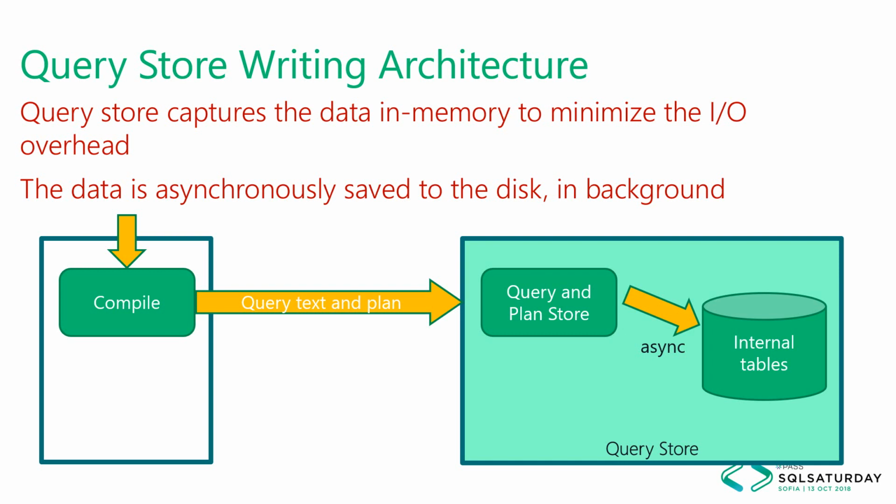But at the capture moment, Query Store keeps the information in memory. And the writing to the internal tables is asynchronous, so Query Store will not affect the main work of the server, compiling and executing queries.